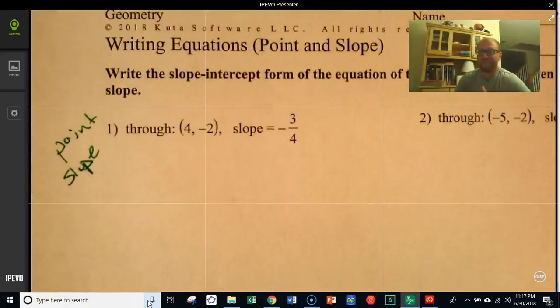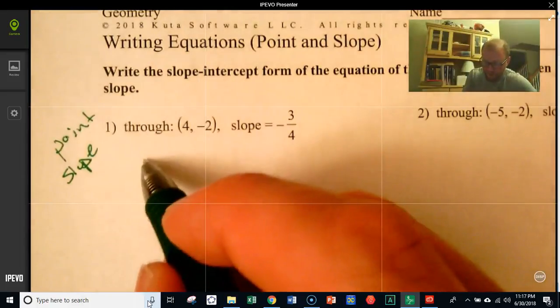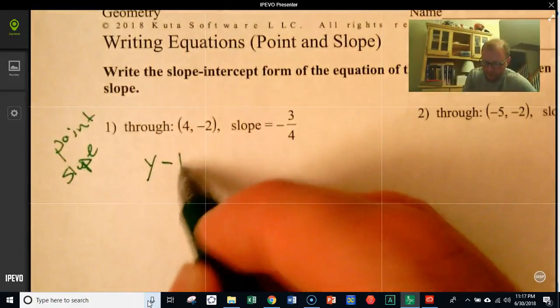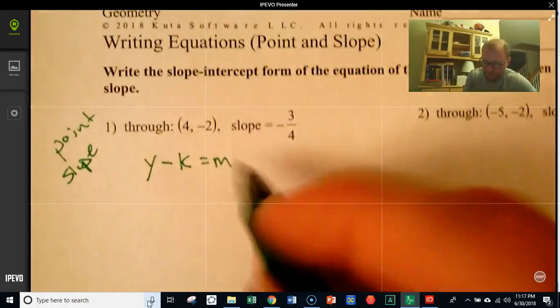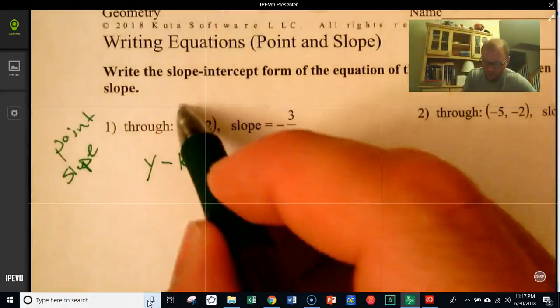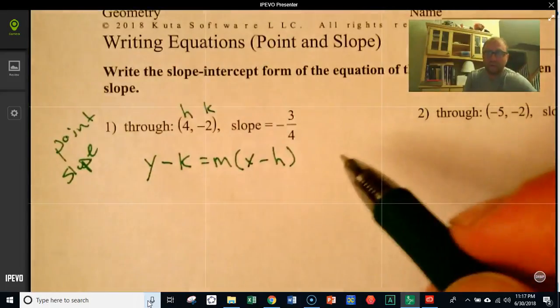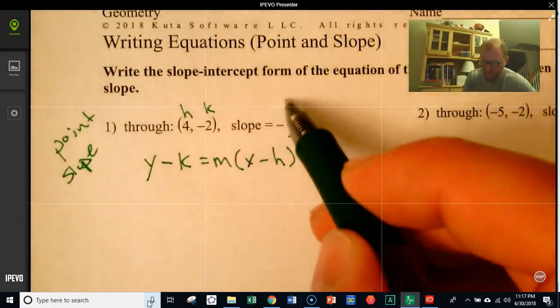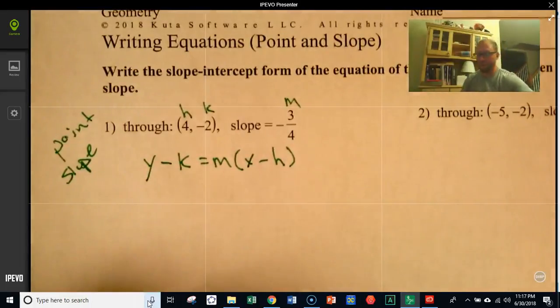Point-slope is just another standard form for a line. I shouldn't say standard because there's a standard form, but anyways, it goes like this. y minus k equals m times (x minus h), where h and k come from the point and m is the slope.